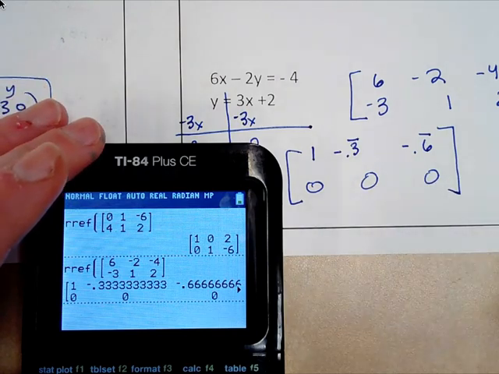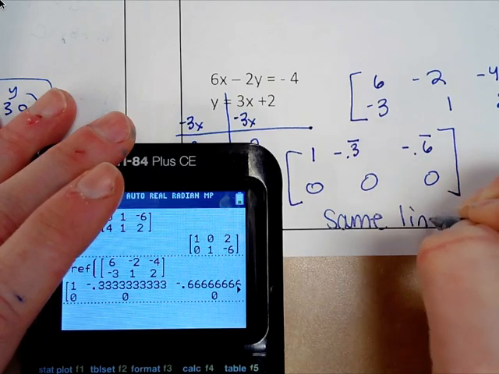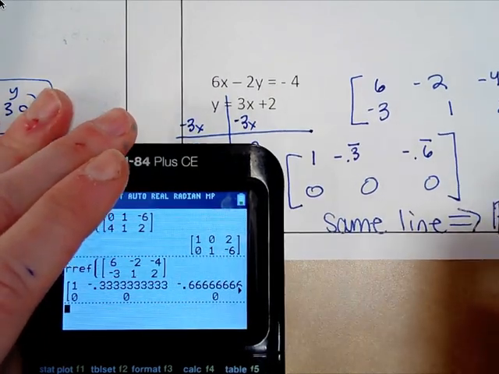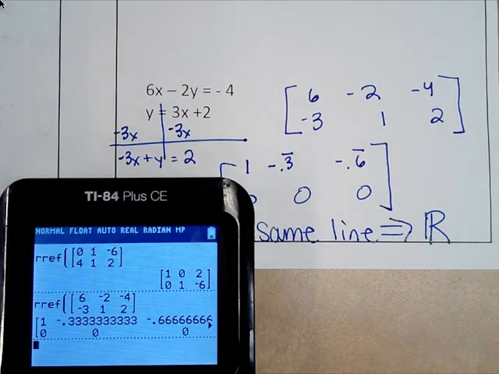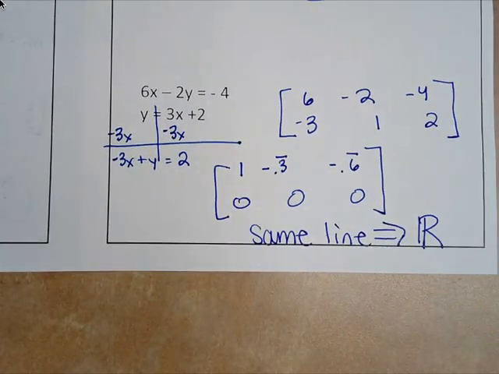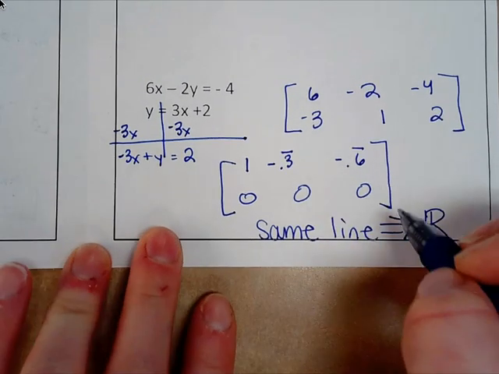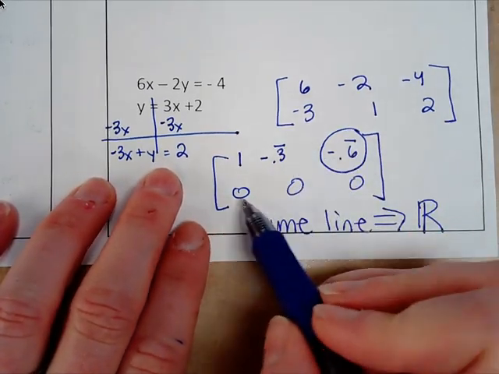So what it actually is, this is the exact same line. So that means all real numbers, or infinitely many. It's the exact same line. So that's all real numbers, whenever you have a number here and you have all these zeros.